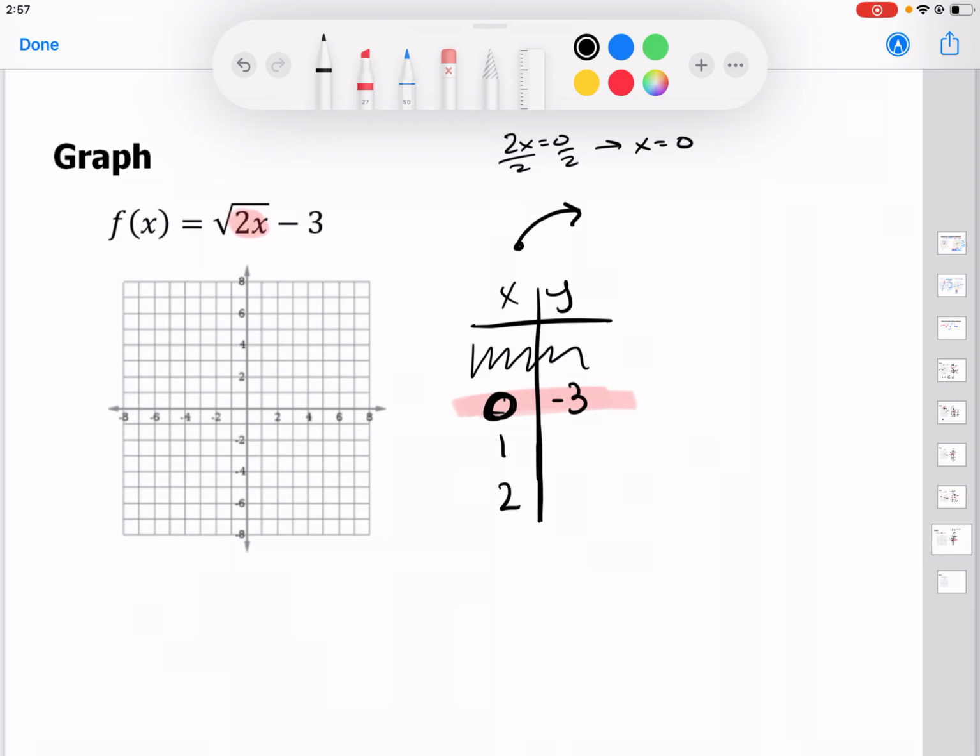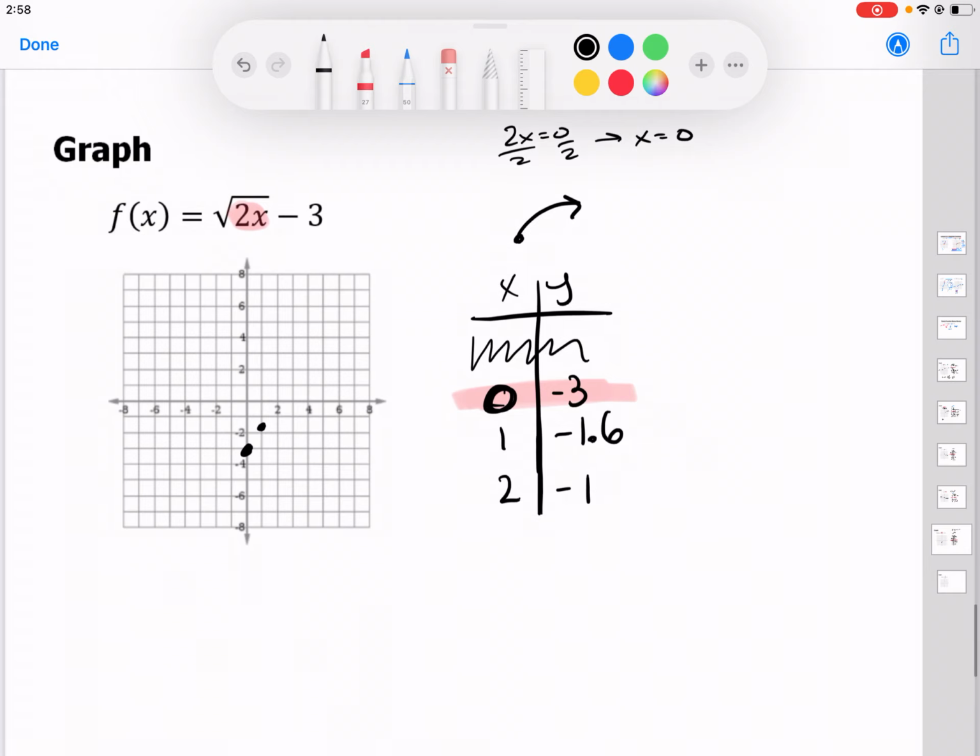Square root of 2 is about 1.4, and if you subtract 3, you get about negative 1.6. And then when you plug 2 in, you get the square root of 4, which is 2, minus 3, which is negative 1. So let's plot those. So we've got 0, negative 3, 1, negative 1.6, and 2, negative 1. Voila.